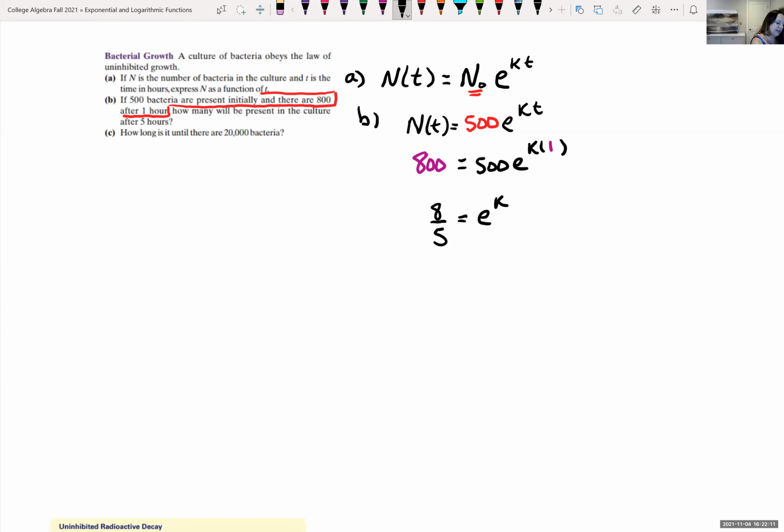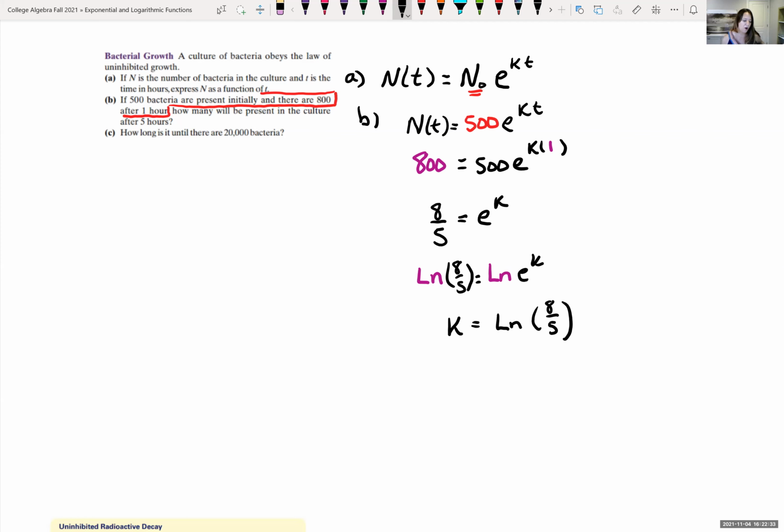So let's take the natural log of both sides. So the natural log of 8/5 equals the natural log of E to the K. So we know K is equal to the natural log of 8/5.